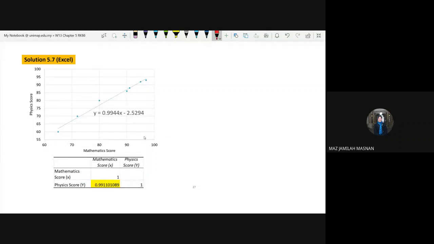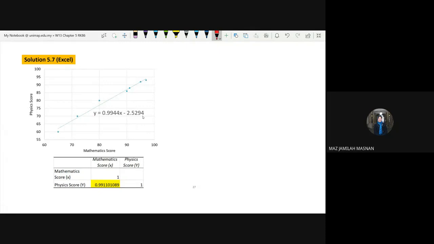Now, imagine, class, from the beginning of our discussion, we begin with the scatter plot, we get our R, we get our hypothesis testing for our rho, whether there is a linear correlation between our X and Y. Now, we want our model to appear on our scatter plot, as well as the prediction line.